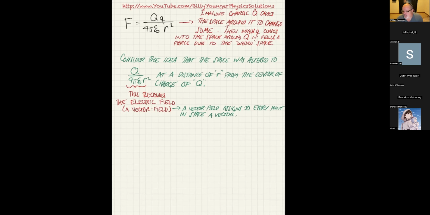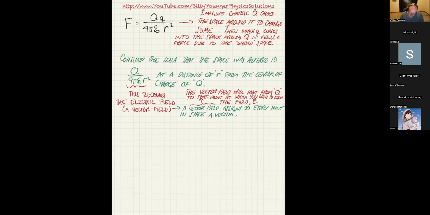This is a vector field though, so at each of those points you'd have to assign a vector quantity, and in this case, the vector direction will be the direction from Q to R. So the vector field will point from Q to the point at which you wish to know the field E.